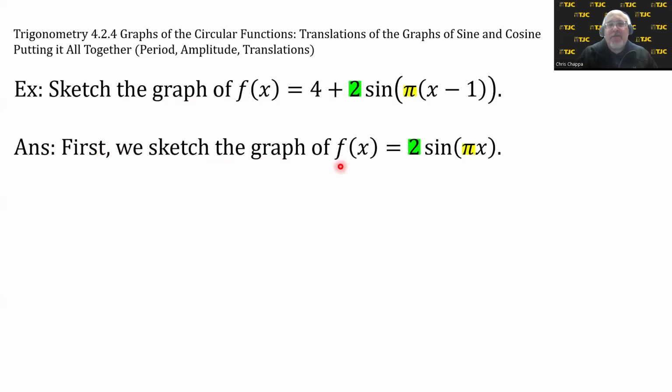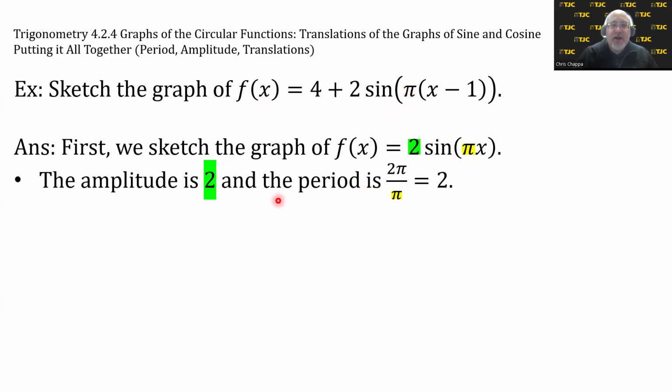First, we sketch the graph of f(x) = 2 sin(πx). So focus only on the numbers being multiplied. The amplitude is 2, and the period is 2π divided by π, which is equal to 2.